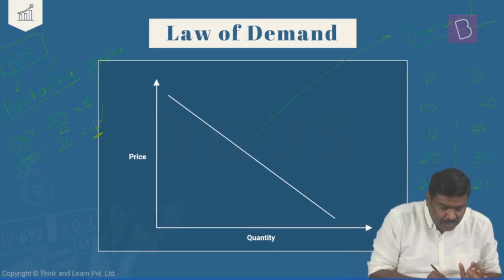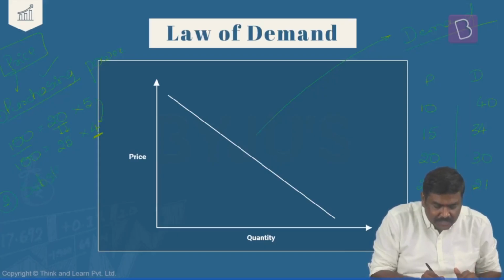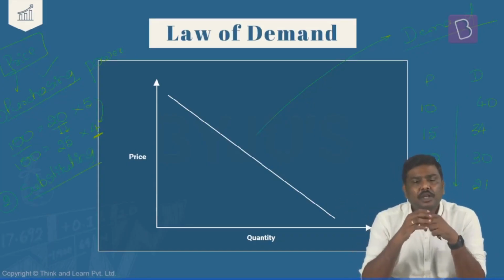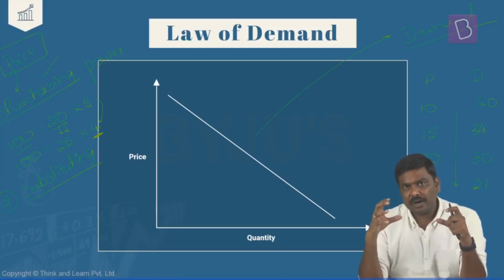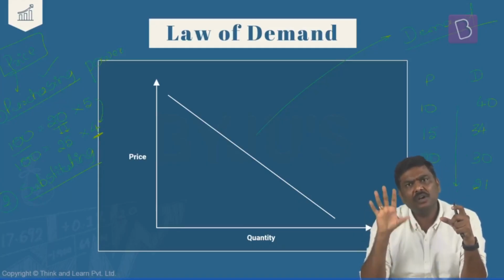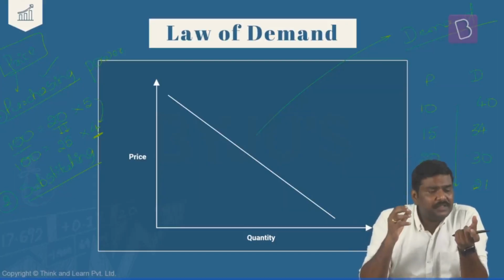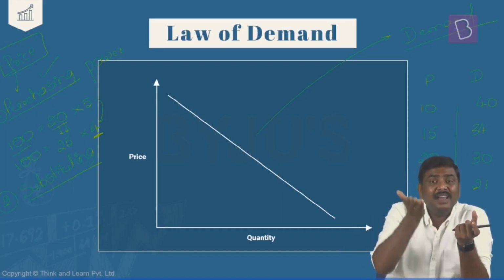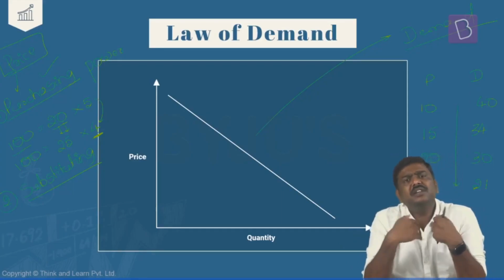Second reason is people will start substituting. People will start substituting this particular product with another product. Let's take a very simple example here. You are purchasing product A and product B. Both are giving you the same amount of satisfaction. But if the price of product A rises, it will become costly for you.